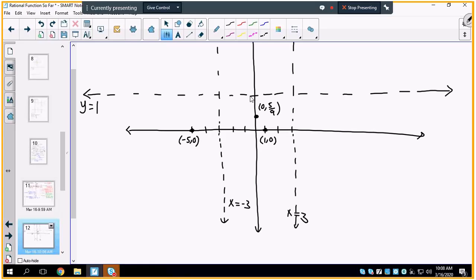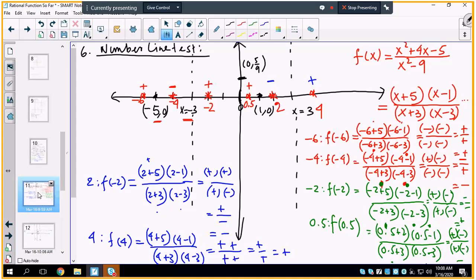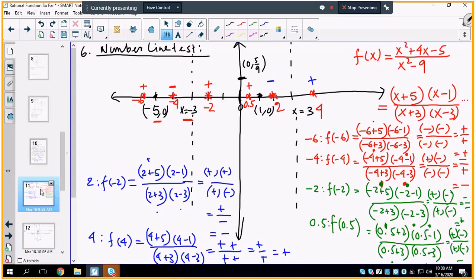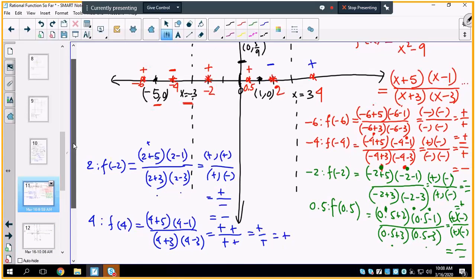And I try to recall the signs we got. So on the left of -5 you are positive, but on the right you are negative. So we'll go ahead and do these signs. -5 left you are positive, right you are negative. But the right of -3, if you recall the vertical asymptote -3, right you are positive.